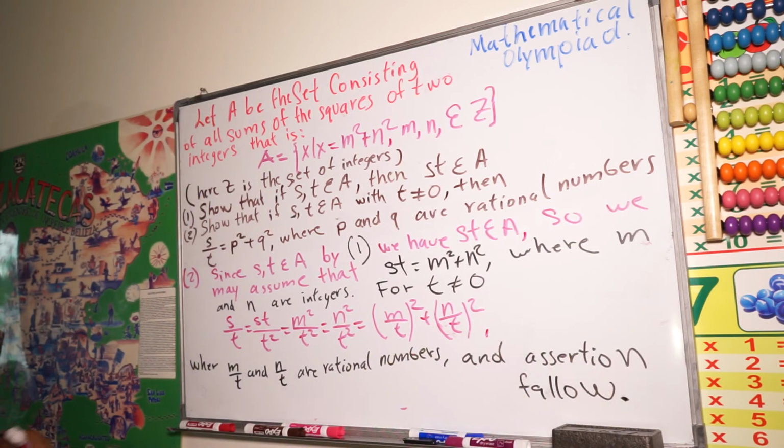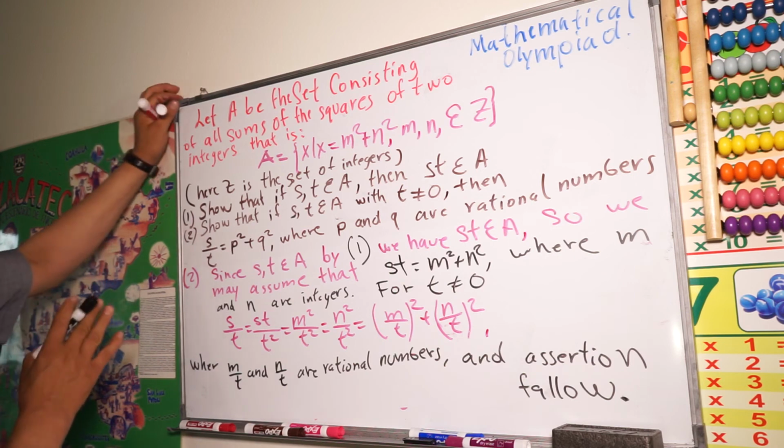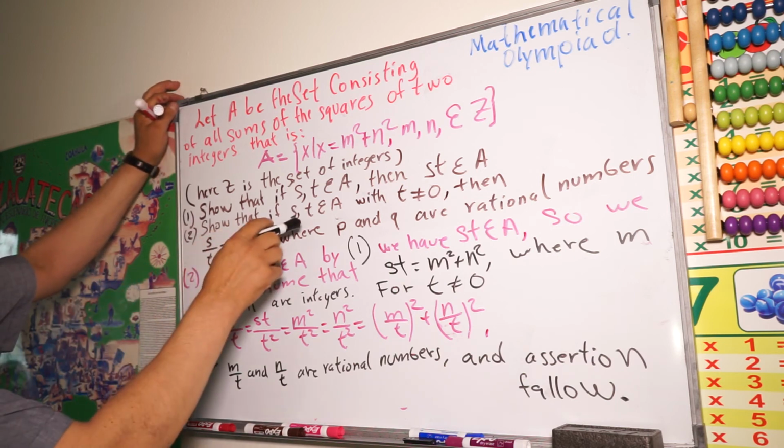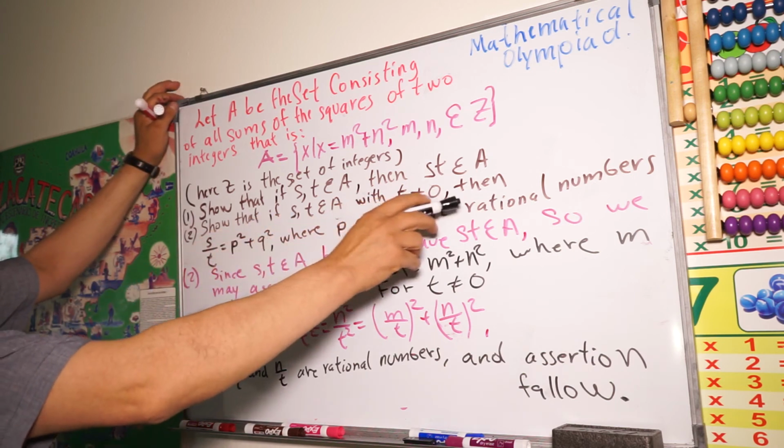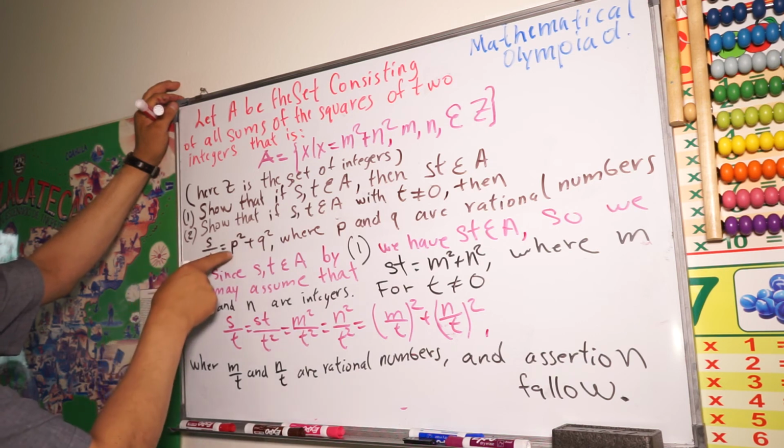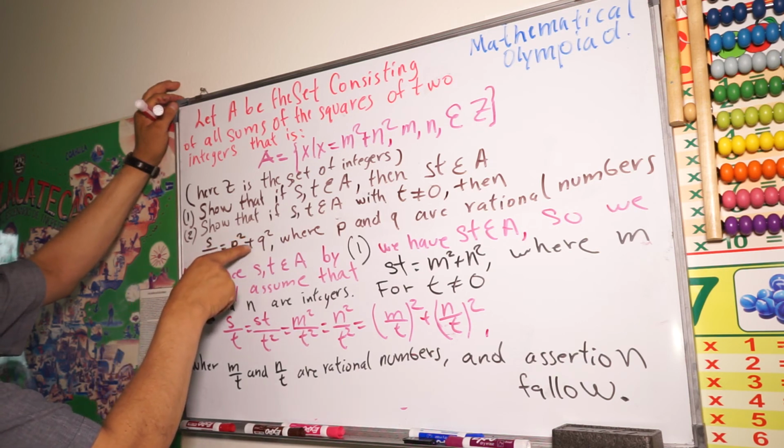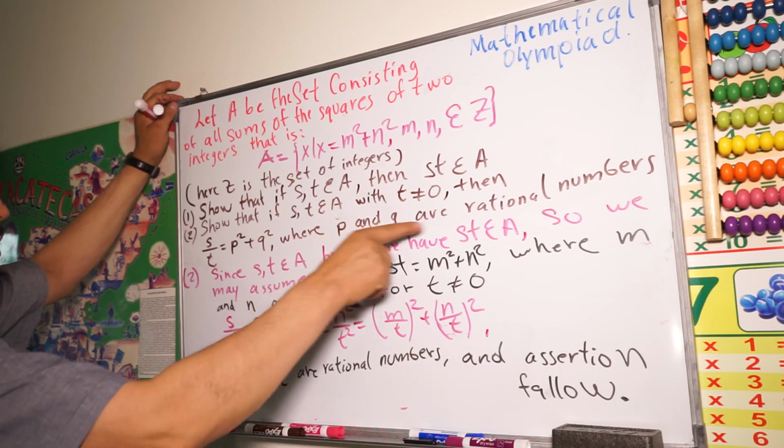That's it. So this is the second proof: show that if s, t belong to A with t different from 0, then s divided by t equals p squared plus q squared, where p and q are rational numbers.